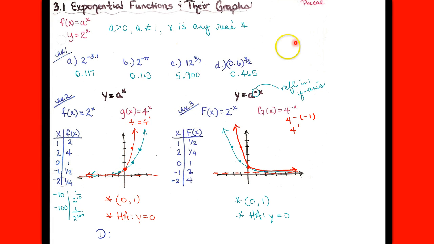So we would have all real numbers there, -infinity to +infinity. How about range? Y is greater than 0, right? If you want that in interval notation, you could say 0 to infinity, or y is greater than 0, either one.